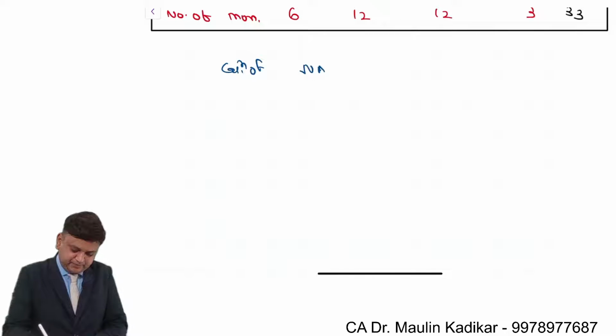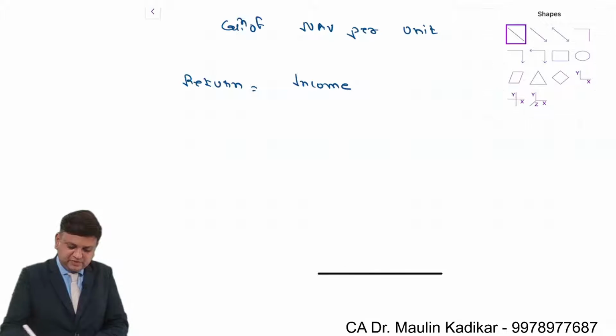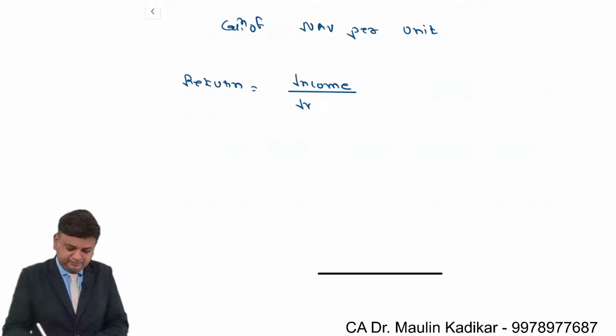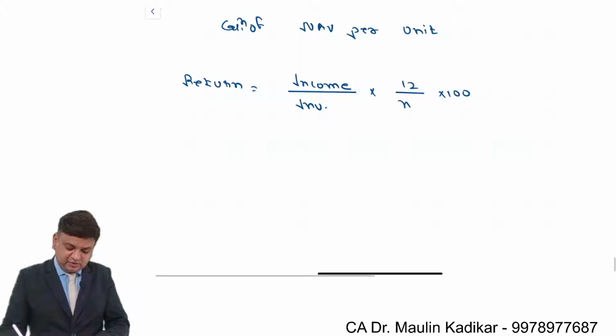Calculation of net asset value per unit. In that, return is equal to income upon investment into 100 into 12 divided by n into 100. What is the return? The return is 73.52%.